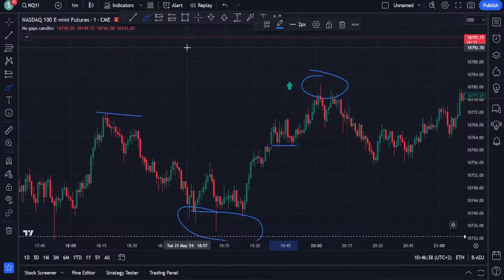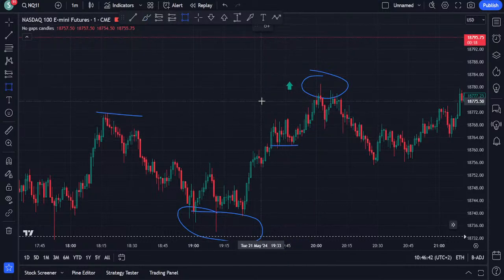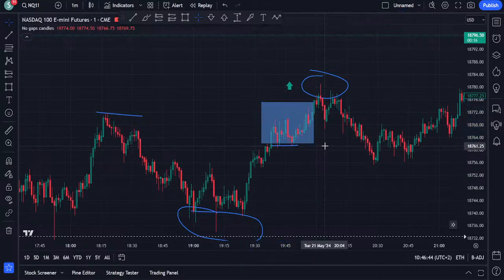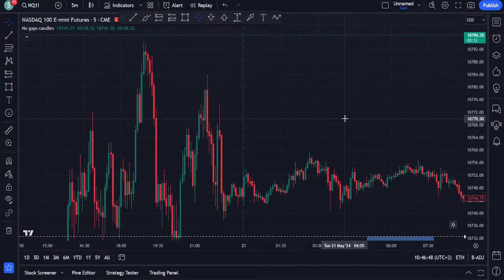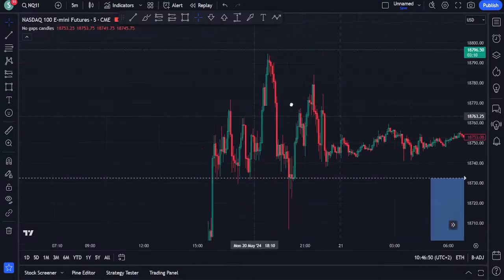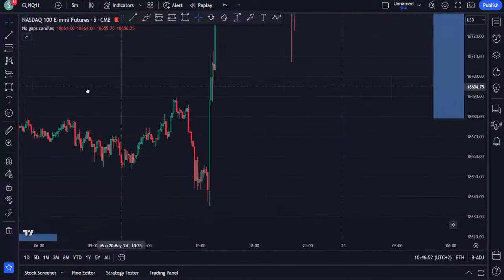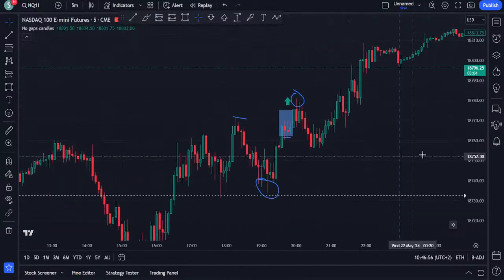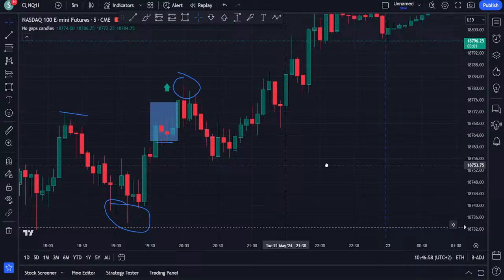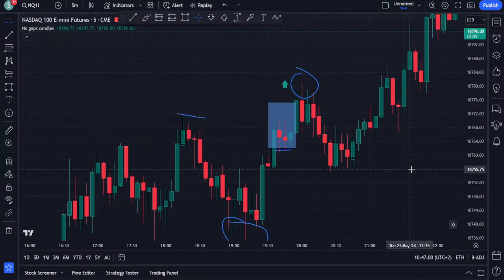And on the M5 there was a little bit like this, I think in this area there was something. Let me see. Let's go. Now you see it, yeah?